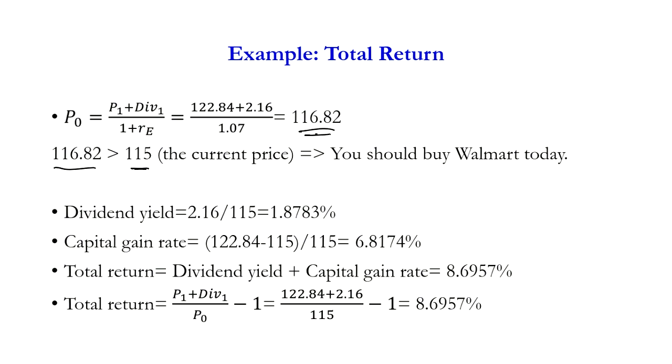Now let's do the second part of the question, which asks us to calculate the dividend yield, the capital gain rate, and the total return. The dividend yield will be D1, the amount of dividend that the firm is going to give us at the end of year one, divided by the current price observed today. Why are we using this 115, not 116.82?